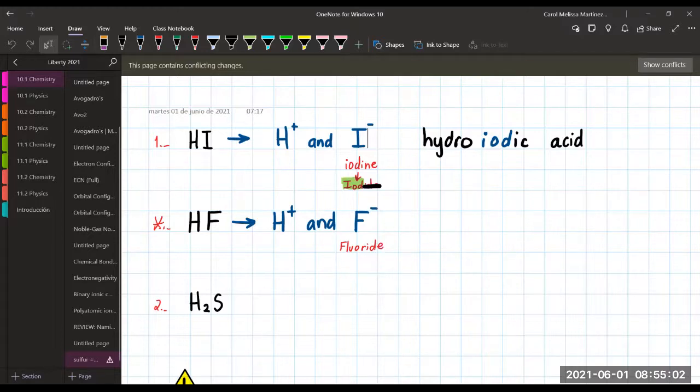So, according to the rule, we get rid of the suffix IDE and we put it in between hydro and ic, acid. So the total name will be hydrofluoric acid. Hydrofluoric acid.